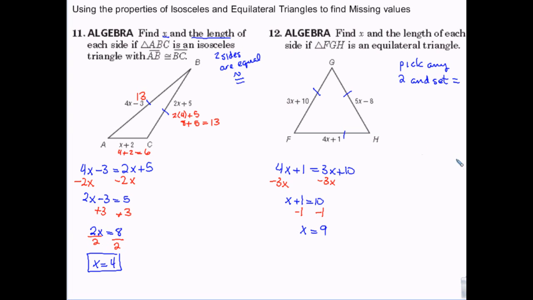And then that's the same answer for all three sides. So I can plug that 9 into the 4x plus 1. And so I would have 4 times 9 plus 1. So that's 36 plus 1, so 37. So this side is 37, this side is 37, and this side is 37.